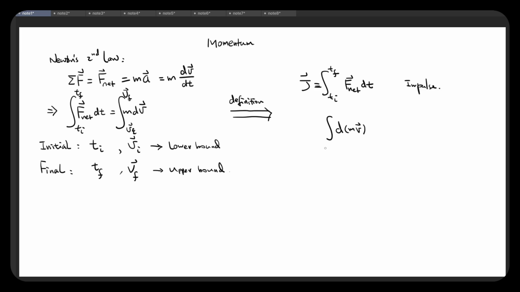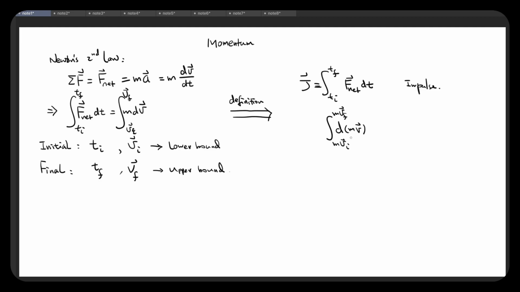Correspondingly, since I changed the variable, I have vi for the lower bound and v final for the upper bound. In fact, although we assume that mass is a constant, this equation is a more general expression of Newton's second law. It includes the case where the mass can change.